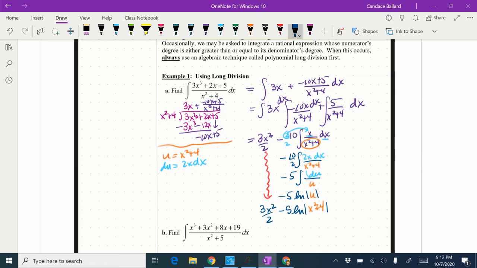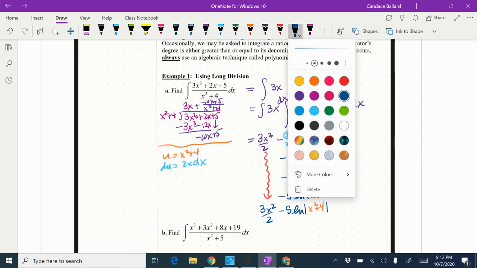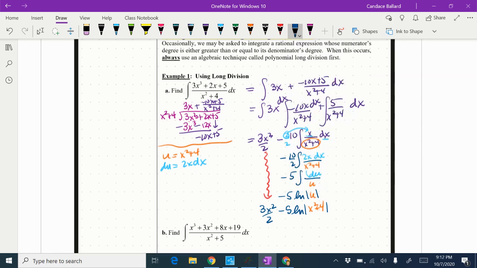Now I have to take care of this term on the outside, so I am going to rewrite it as plus 5 integral of 1 over x squared plus 4 dx. Hopefully you recognize that as one of the arcs. Okay, so that is an arctangent. This is the u squared, this is the a squared.